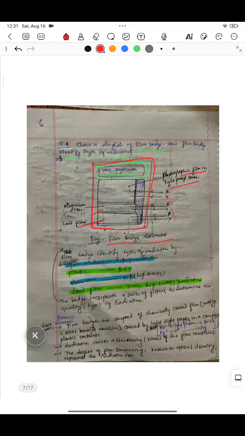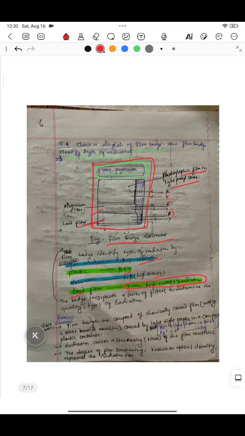If it goes through the open window, then it is alpha, beta and gamma radiation. Then if it crosses the plastic layer, then beta and gamma. Aluminum, then high energy beta and gamma. And if lead filter, then X-ray and high energy beta radiation.